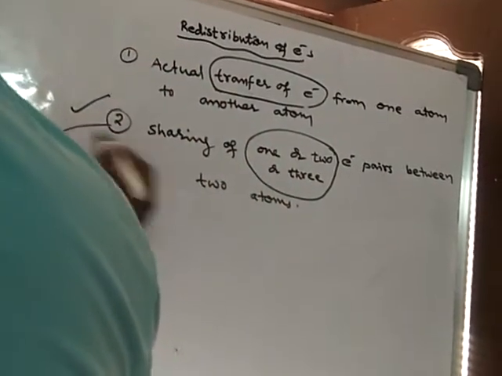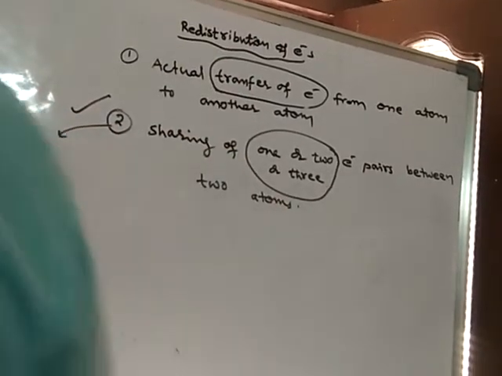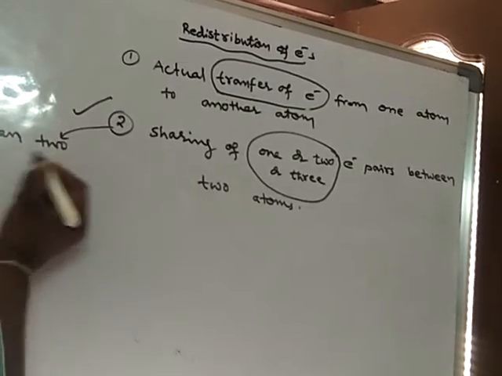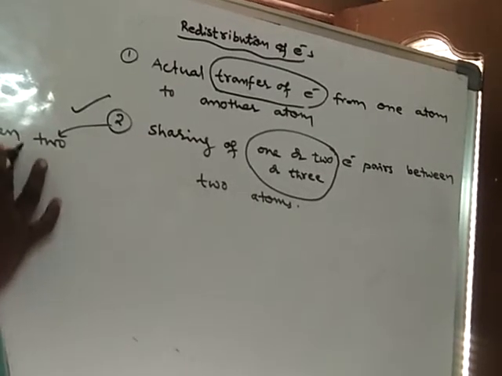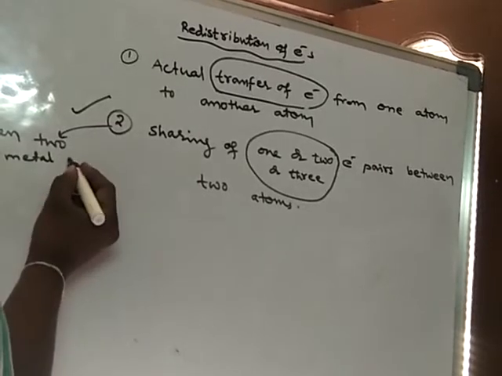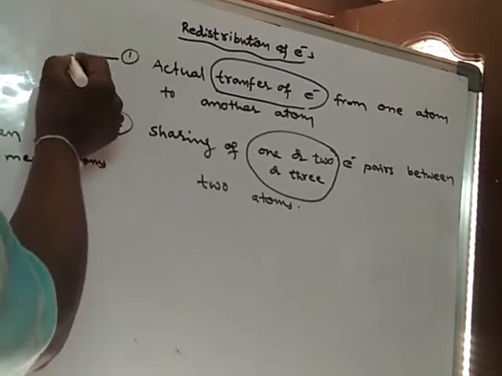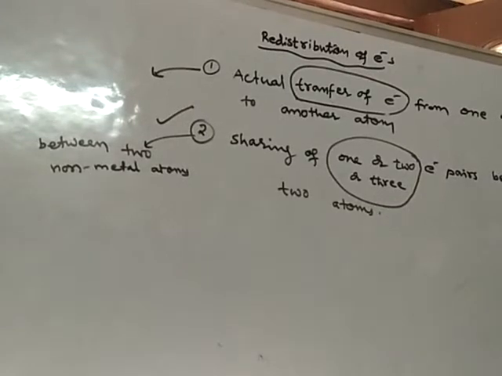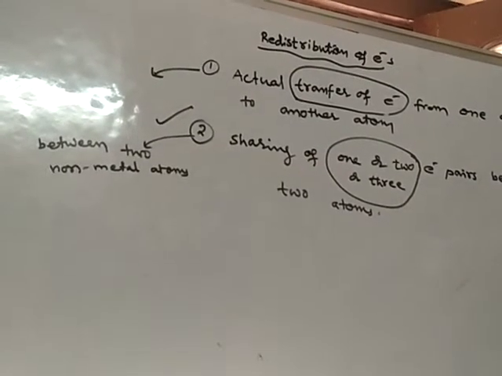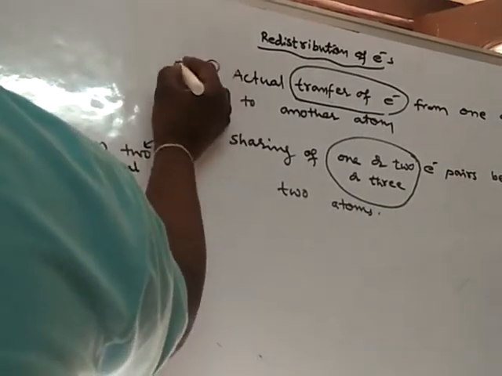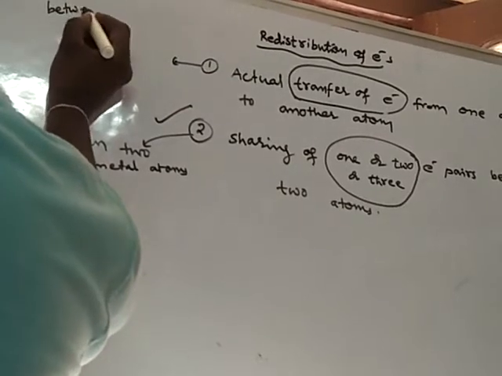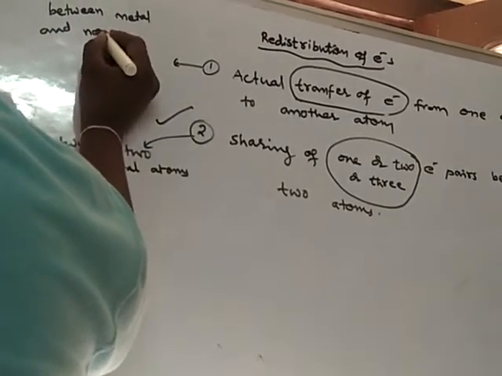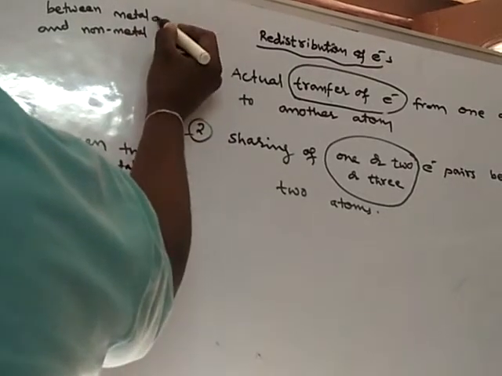Generally this type of redistribution of electrons, sharing of electrons, takes place between 2 non-metal atoms, whereas actual transfer of electron takes place between a metal and a non-metal atom.